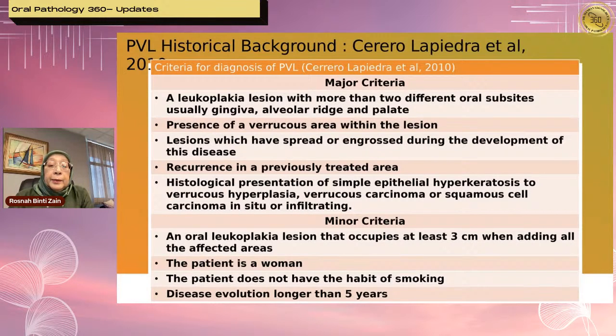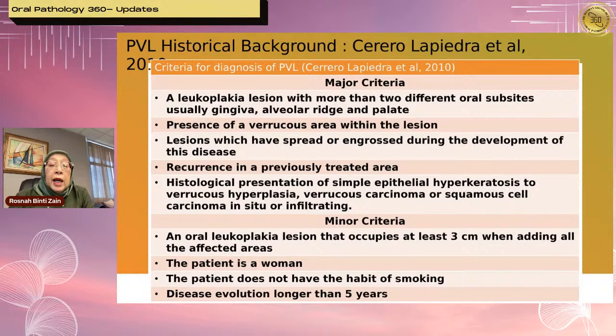Then in 2010, Cerero and Lapidra came up with a structure of how to diagnose this by naming them into major criteria and minor criteria. The major criteria is a leukoplakia lesion in more than 2 different oral subsites, usually gingiva, alveolar ridge, and palate.